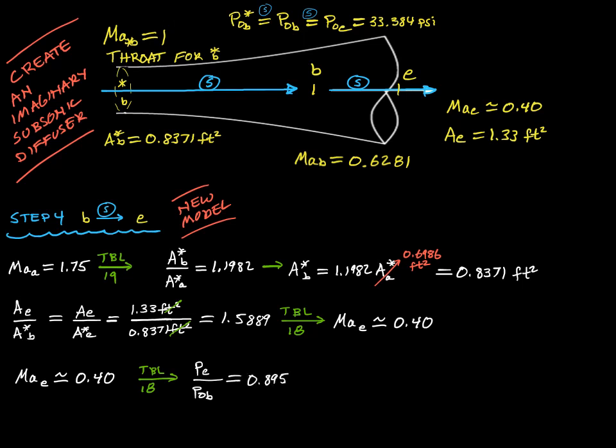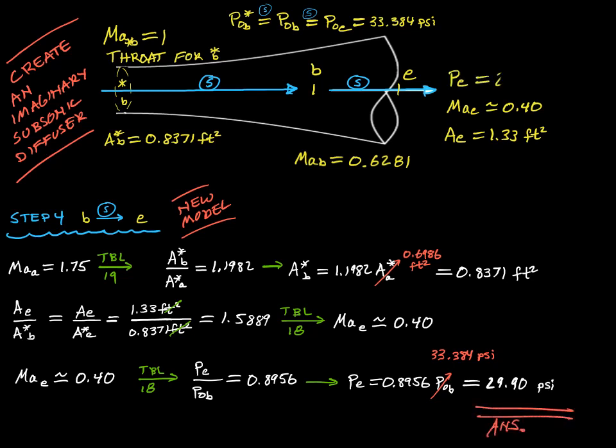So the static pressure at our exit is just about 90% of the stagnation pressure at state B. We know the stagnation pressure at B to be about 33.384 psi, so our exit pressure is 29.90 psi, and that's the answer to our question.